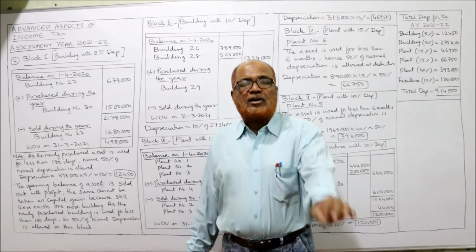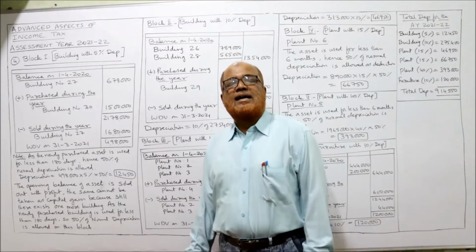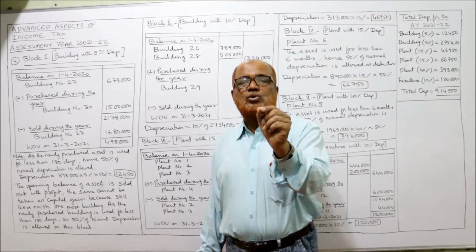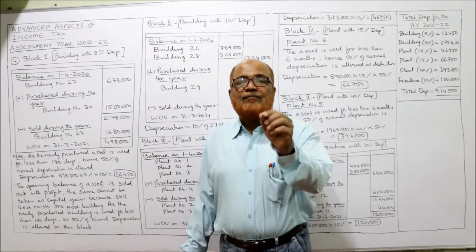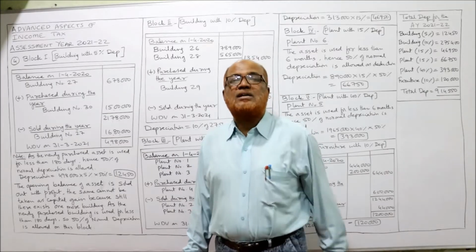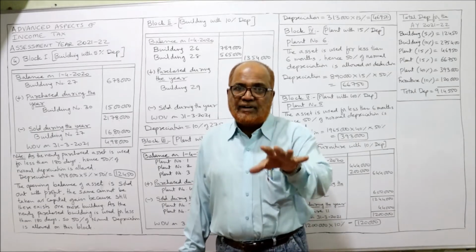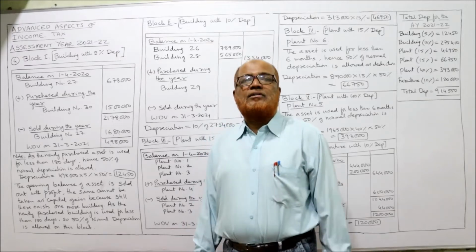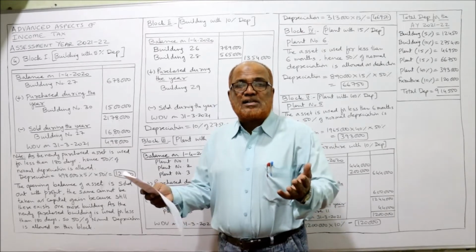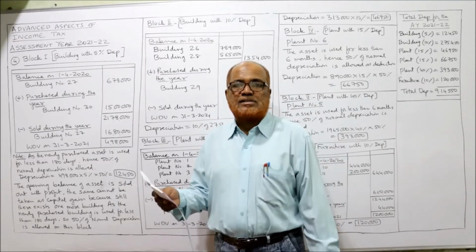We require the date of purchase because according to the provisions of the Income Tax Act, if an asset is purchased and used for less than 180 days in the first year, then 50% of normal depreciation will be allowed. So we have to see which assets will have 50% depreciation and which will have full 100%.